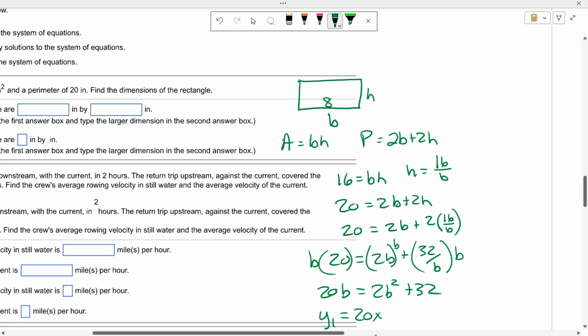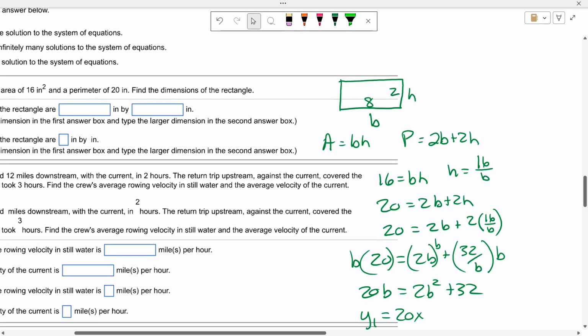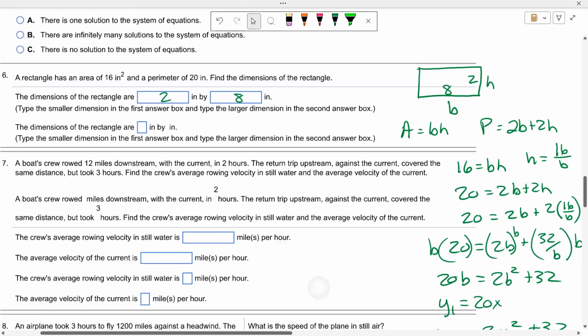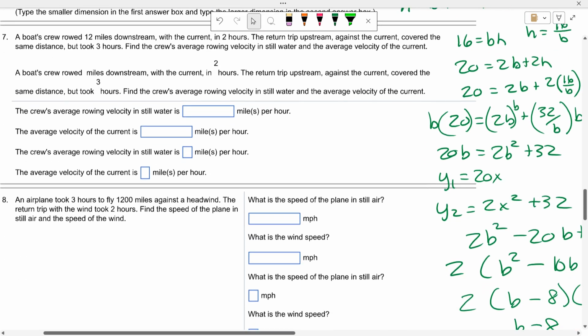So if the base is 8, the height is 2 to multiply to be 16. If the base is 2, then the height is 8. So it's basically the smaller dimension in the first box is a 2 by 8 rectangle. Because 2 plus 8 plus 2 plus 8 make 20. 2 times 8 makes 16.